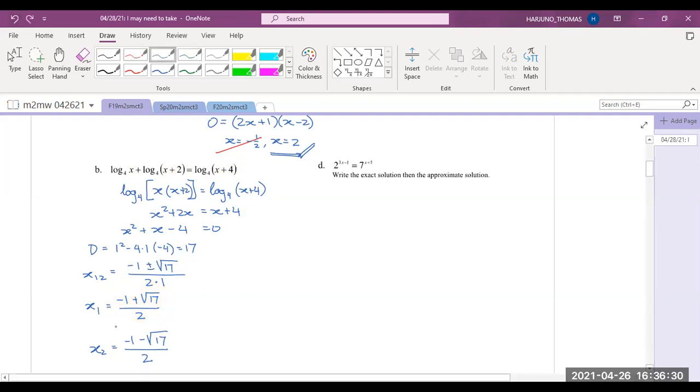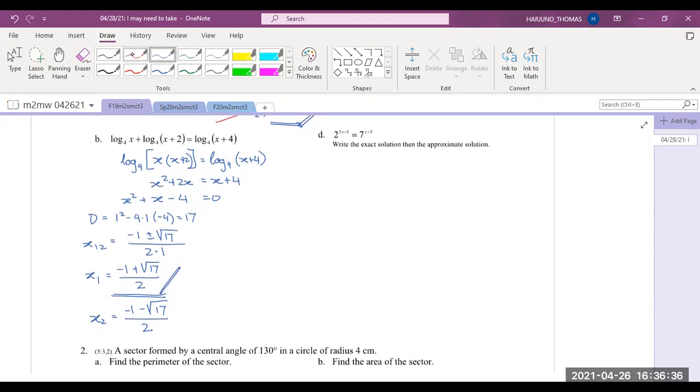This one is okay. On the other hand, this one here is approximately 4 or more than 4. So this is negative 4 minus 1, negative 5, divided by 2, is less than negative 5/2. Once you put it here, that's negative already, right?